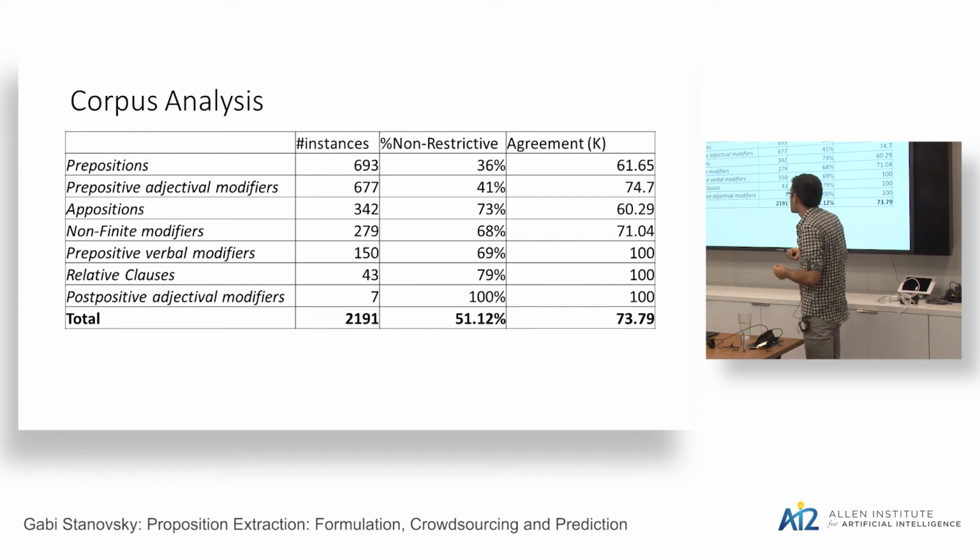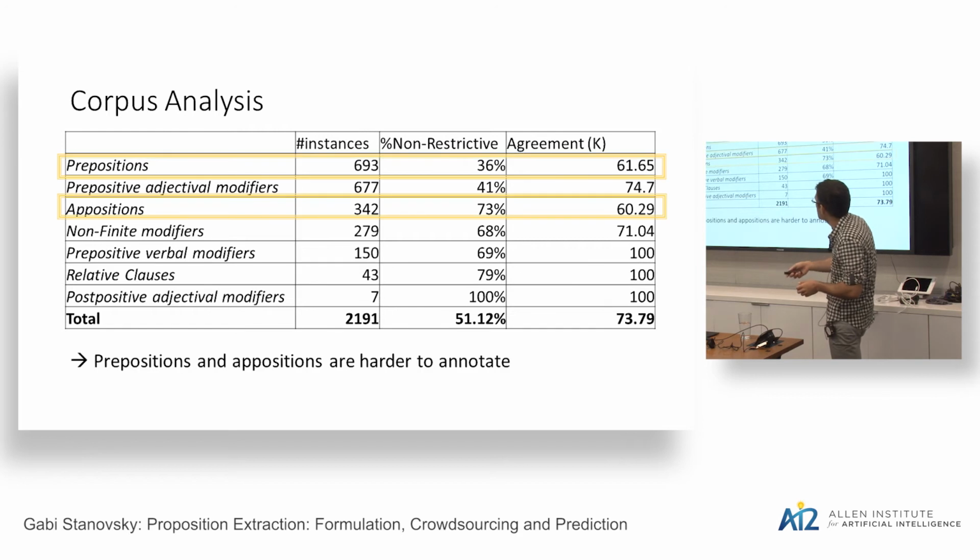And a nice property that we have here is that we can analyze the corpus because we have gold syntactic parsers. We can see which kind of modifiers are easier for people to annotate, on which they tend to agree more. So we can have this analysis split based on gold syntax. And we can look at several conclusions here. So one, prepositions.